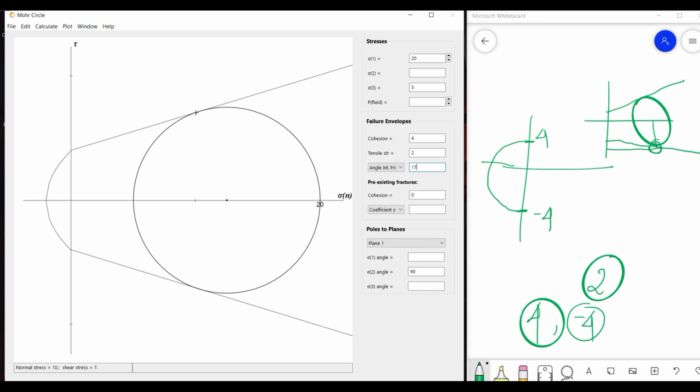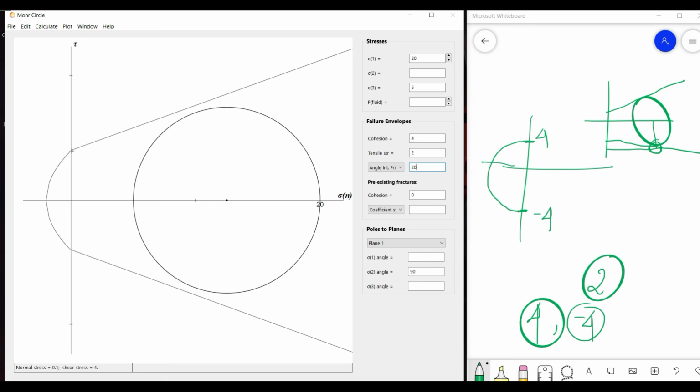The points of contact, this point and this point, are the points of fracture, or the combination of normal stress and shear stress at these 2 points is the actual point of failure or fracture. Now if you take the value 19, we can say this is a more stable condition than the previous one. And if you take the value 20, this is again more stable than the previous one.